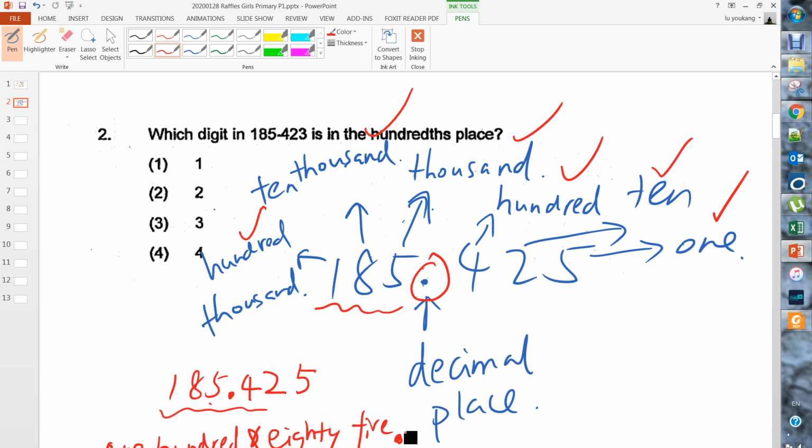By the way, can I ask, 100,000 compared to 100, which one is bigger? 100,000. Okay, good. So why do you think of this as 100,000? Tell me why.